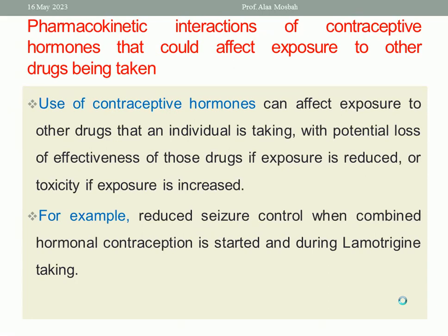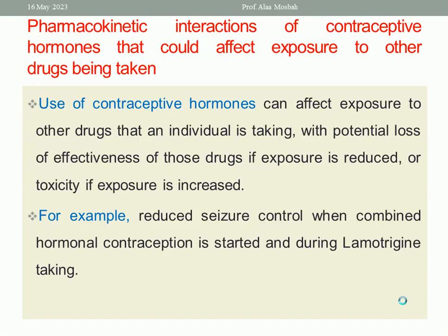So, a contraceptive hormone may affect another drug taken for any other medical reason by either decreasing its effectiveness if the exposure is reduced, or toxicity if exposure is increased.